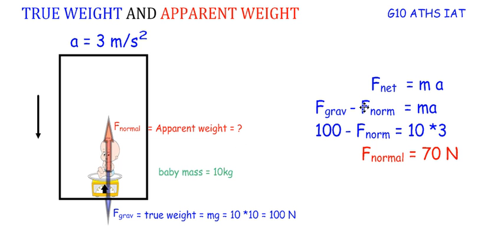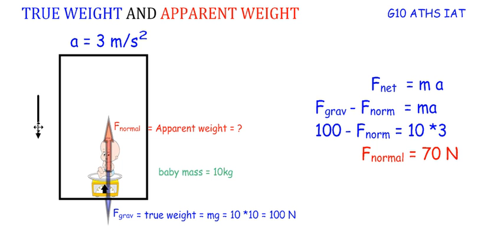So the net downward force is 100 newtons, which is the gravitational force, minus the normal reaction force, which we don't know, and that causes the mass of 10 kilograms to accelerate by our given value of 3 meters per second squared. This leads to a normal reaction force of 70 newtons. Therefore, the apparent weight in this situation is 70 newtons.